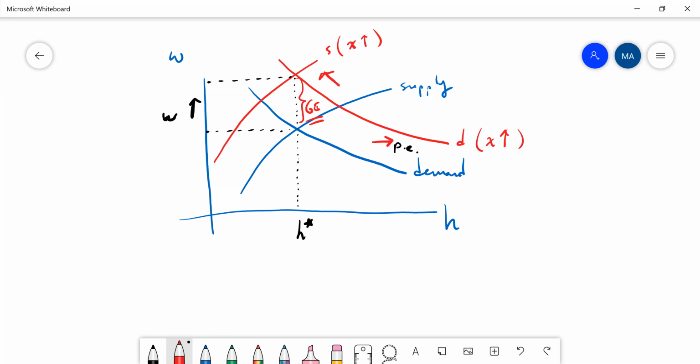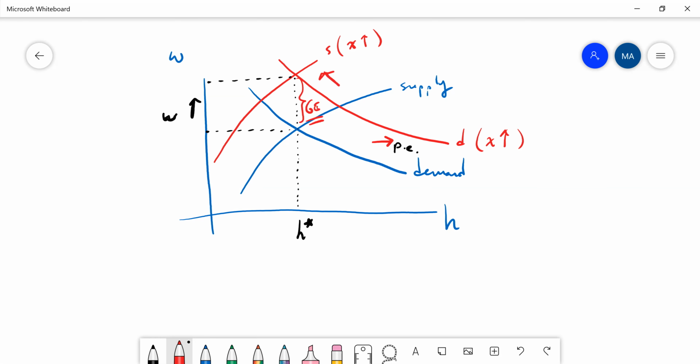So this is the beauty of general equilibrium analysis. If something is changing and affecting some part of the economy in a general equilibrium model, that will have some other effect in some other part of the economy. So that's the richness of a general equilibrium analysis.